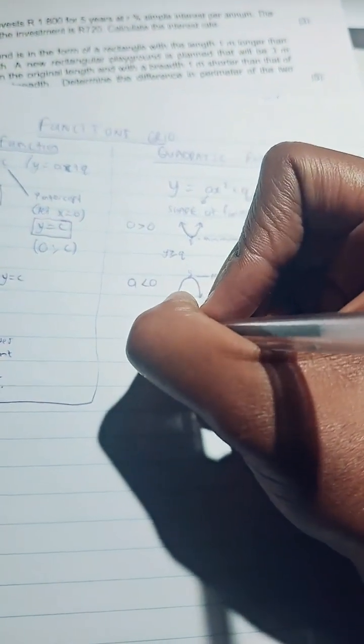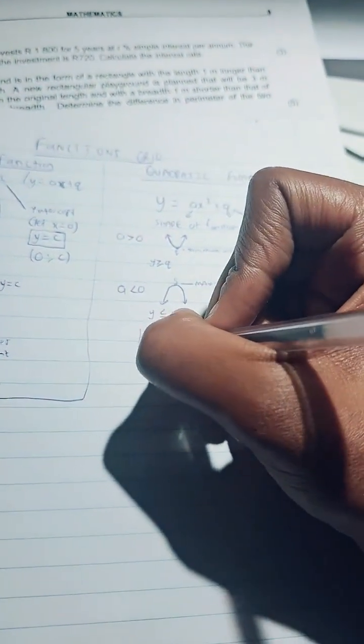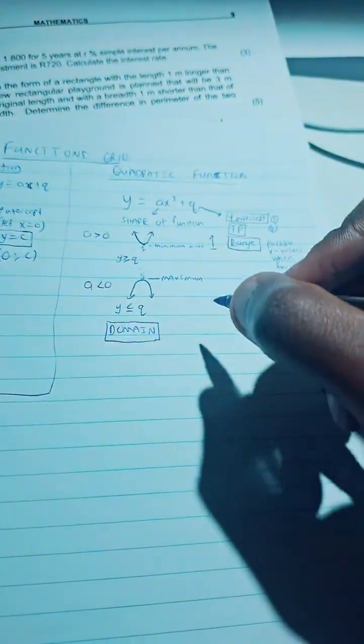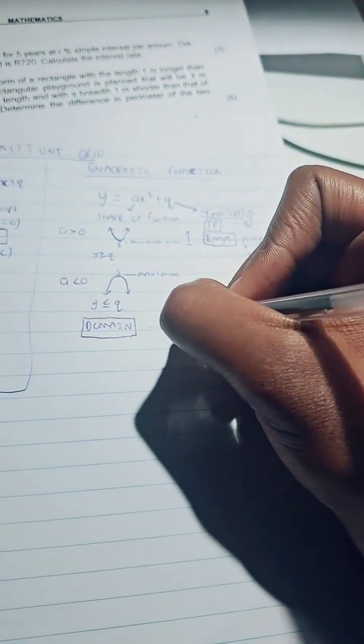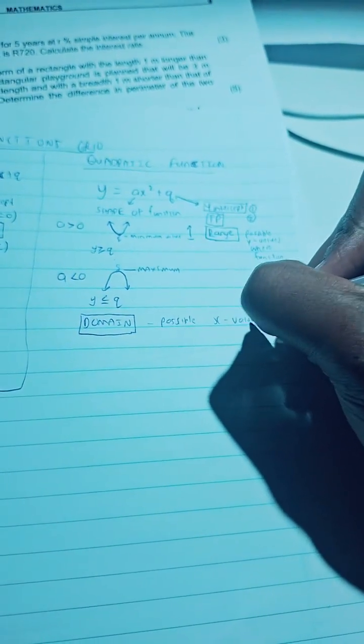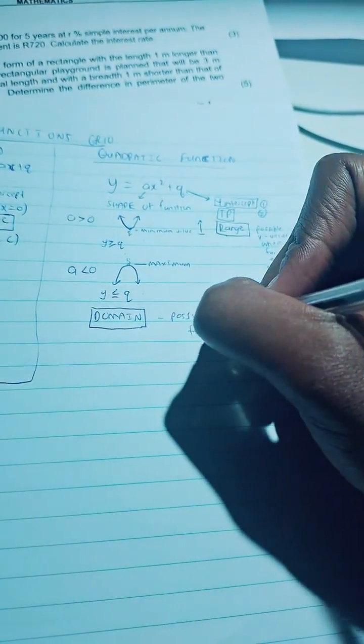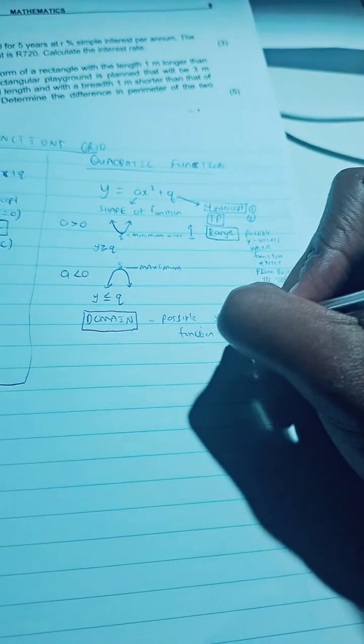In the same vein, there's this thing that we refer to as domain. Domain of a function, whatever function it is, means the possible x values where your function exists.